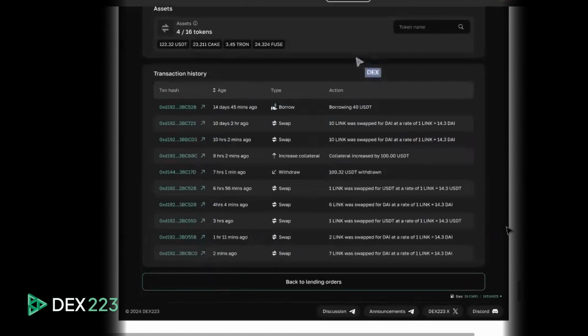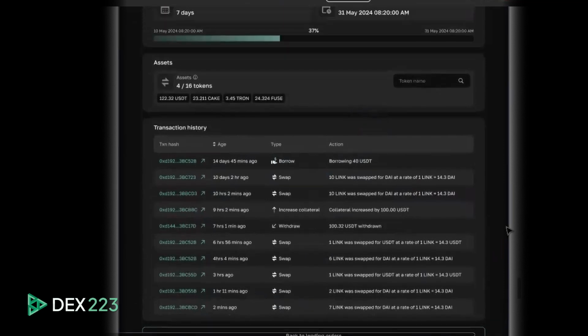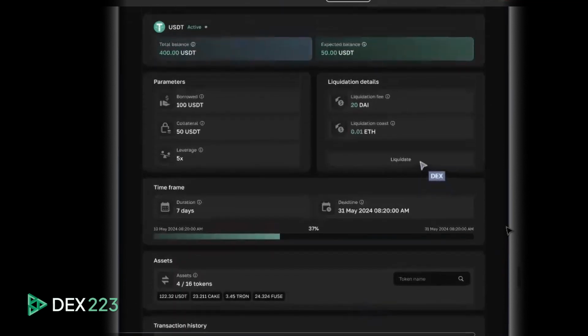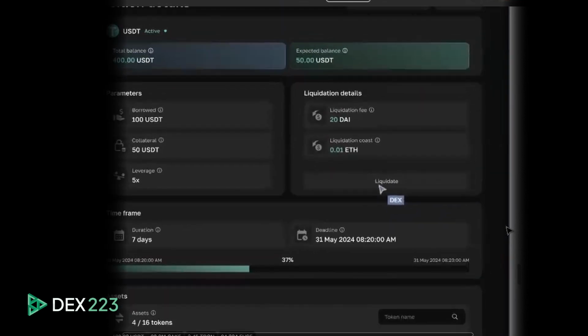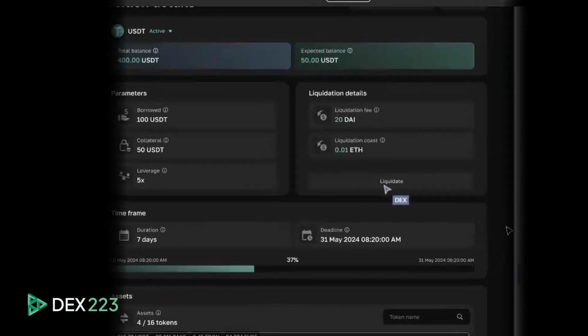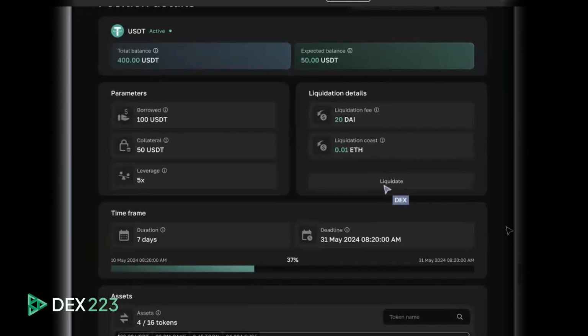And one side note regarding the liquidation. Here is a liquidation button on this page, and there was a liquidation button on the lending order page, but liquidation can only be called on positions that satisfy liquidation requirements. So their total balance is less than the expected balance at the current time.